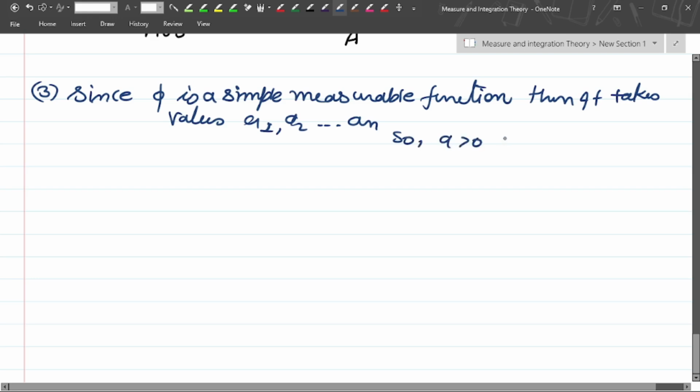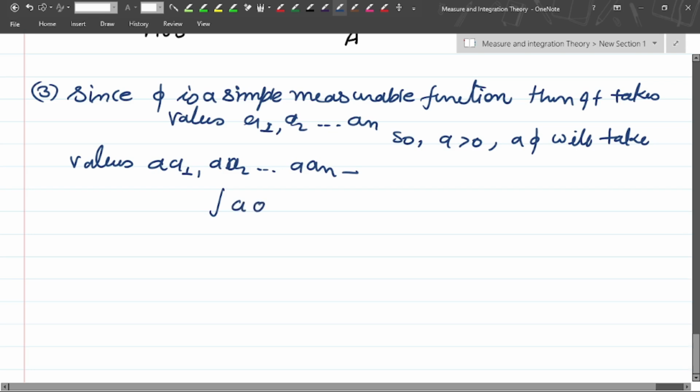So, with a greater than 0, a phi will take values a times a1, a times a2, up to a times an.